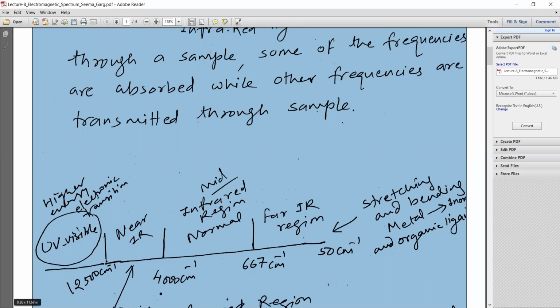The range 4000 to 12,500 inverse centimeter is known as the near IR range, and above this range is the UV visible range.